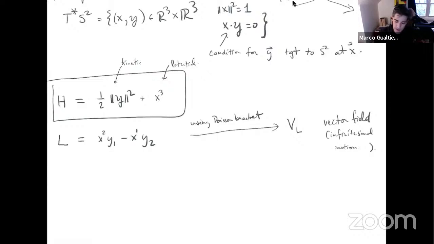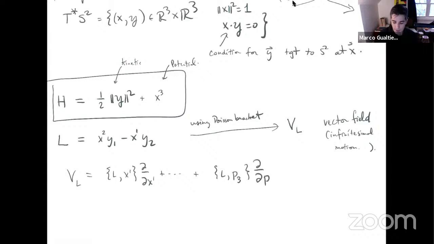Remember how it works: the vector field generated by L is going to be like L bracket x1 times d by dx1 all the way to bracket L p3 d by dp3.